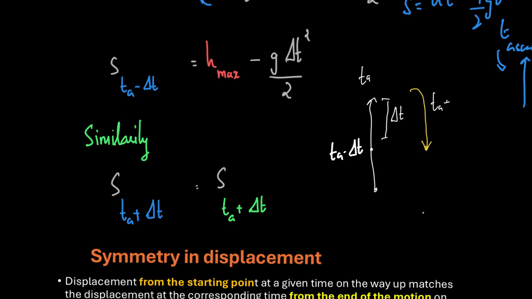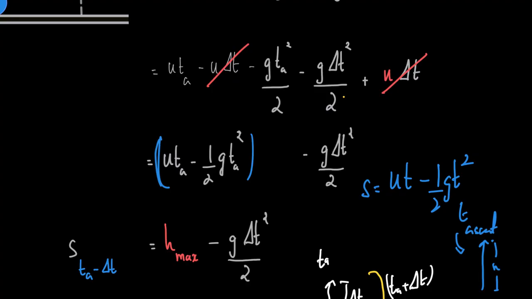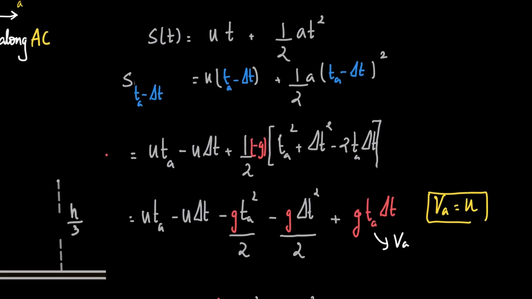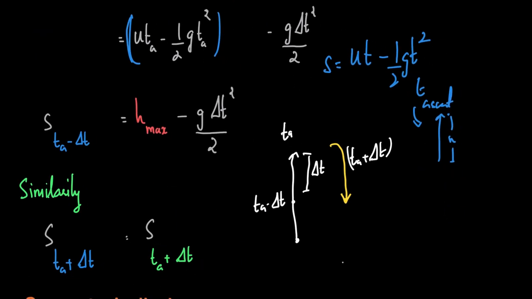That will be t_a plus delta t. You can go through the same derivation here, but substitute using t_a plus delta t. I'm not doing that here because that will be just a mere replication of what we're doing so far, but I request you to please go through that derivation as well.